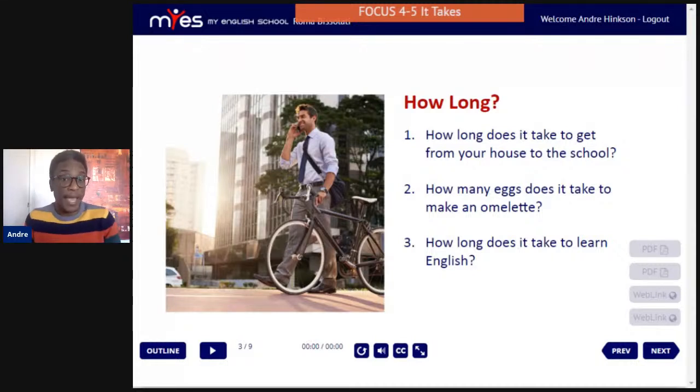Number two, we have many. Remember, we use many with countable nouns and we use much with uncountable nouns. So question number two, how many eggs does it take to make an omelette? So the number of eggs we use to make an omelette. Pasquale says he uses 6. I use 3. Magda, very good.